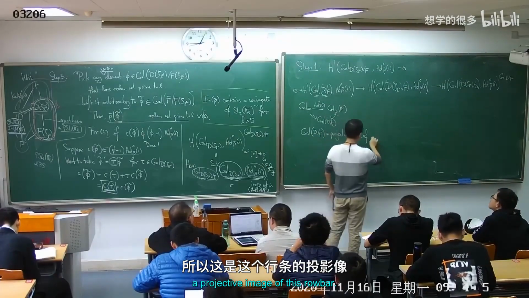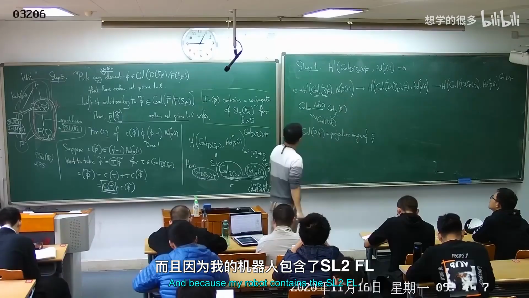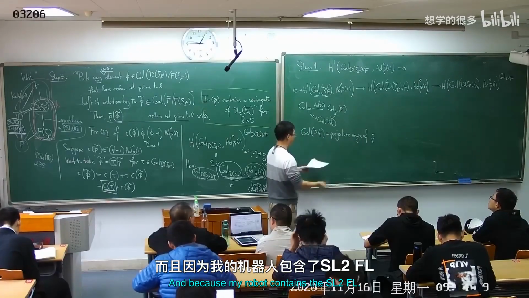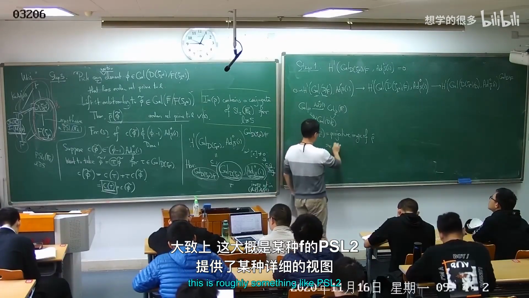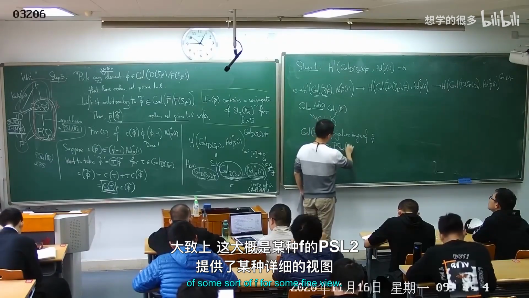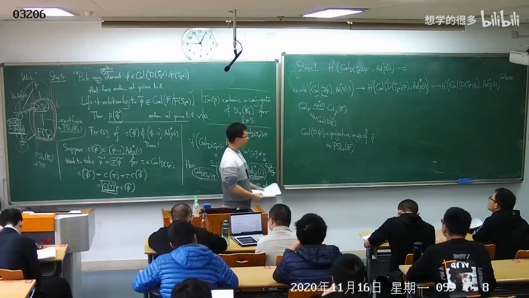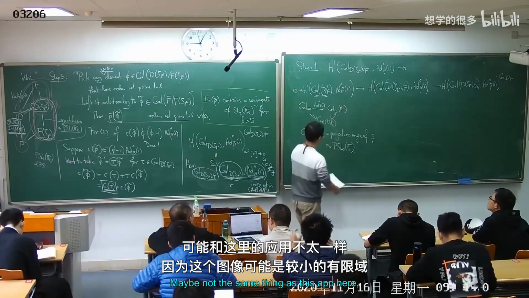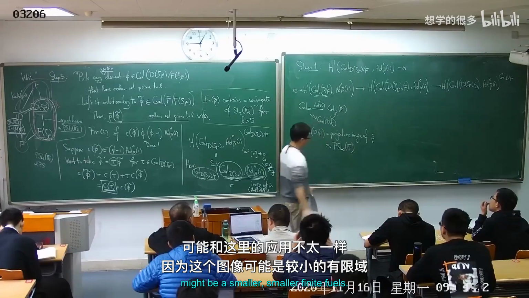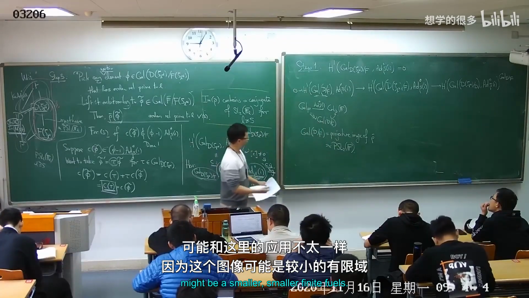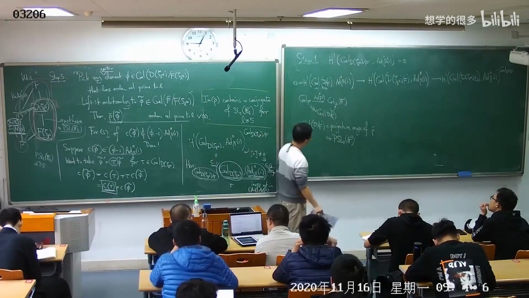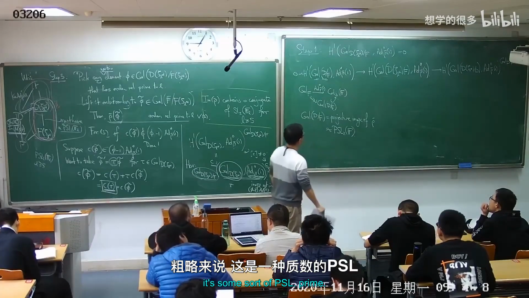of this rho bar. And because my rho bar contains the SL2 F, roughly speaking, this is something like PSL2 of some finite field. Maybe not the same thing as this F here, because the image might be a smaller finite field. Roughly speaking, it's some sort of PSL2 F prime.